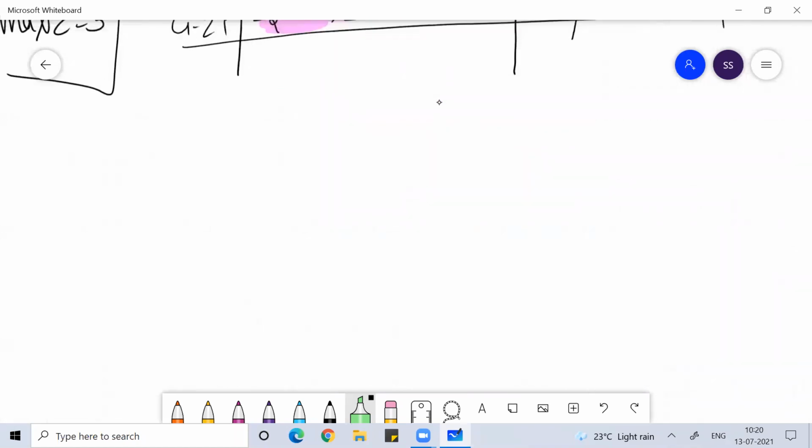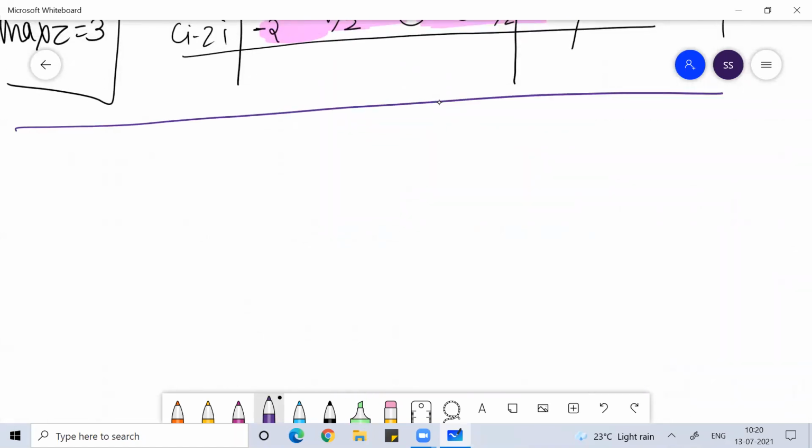Okay, now see this problem. Write down this problem. This will be homework.